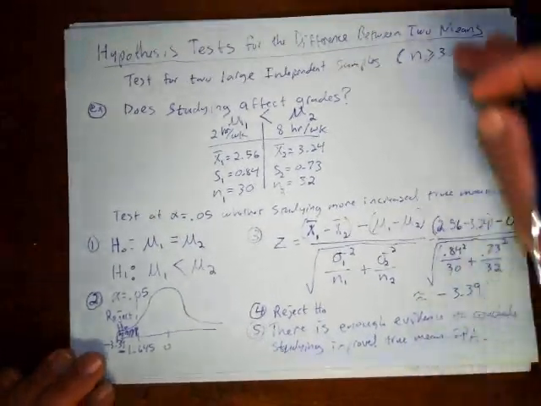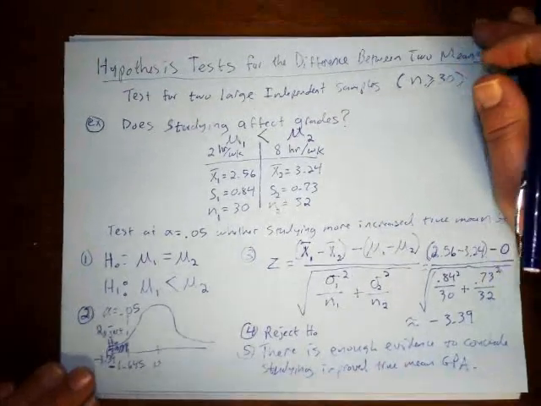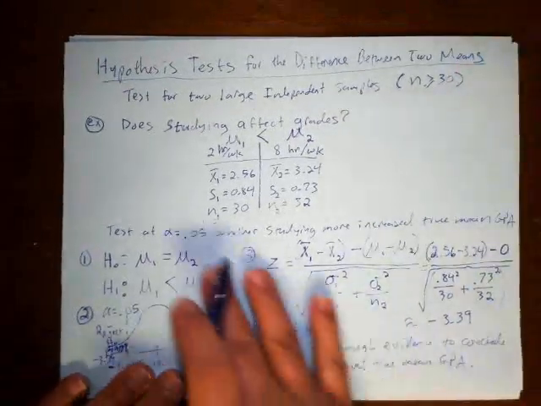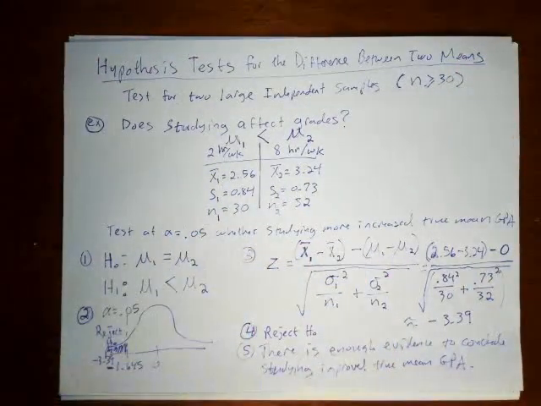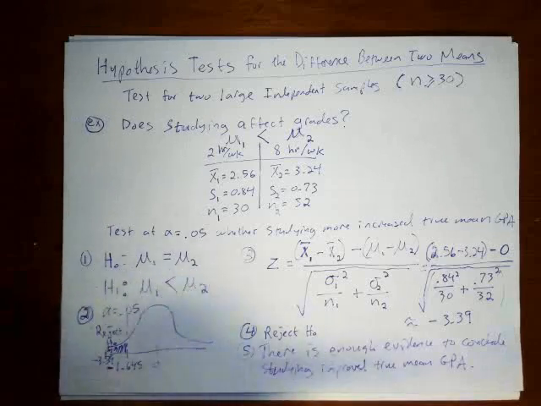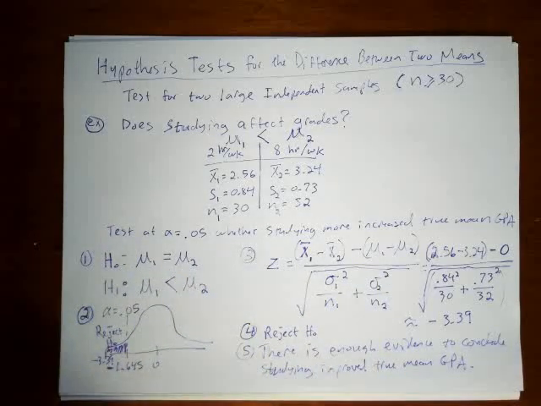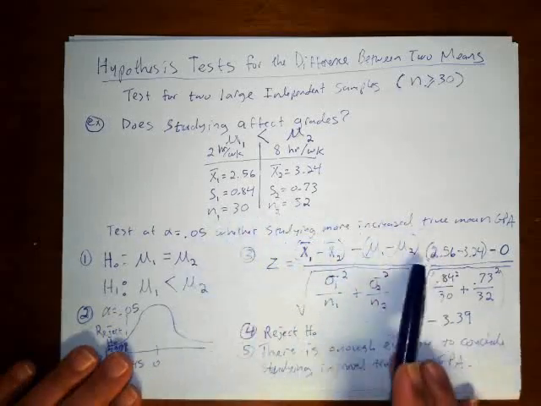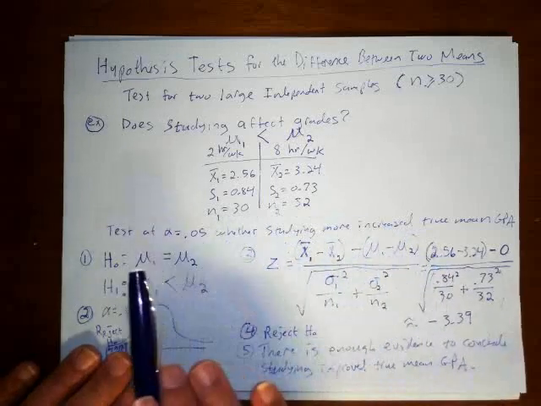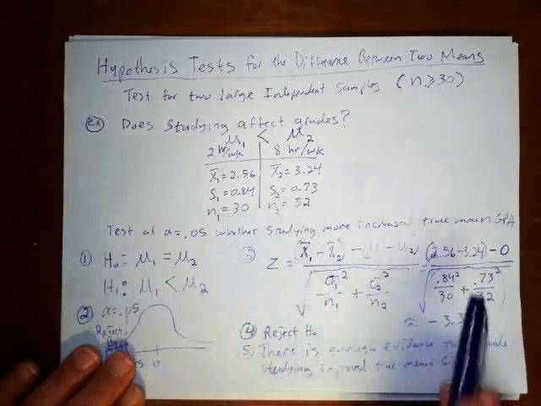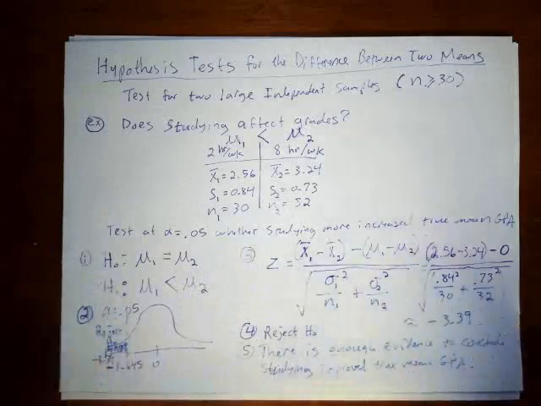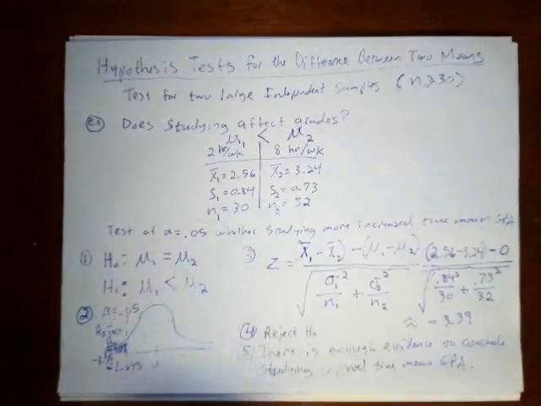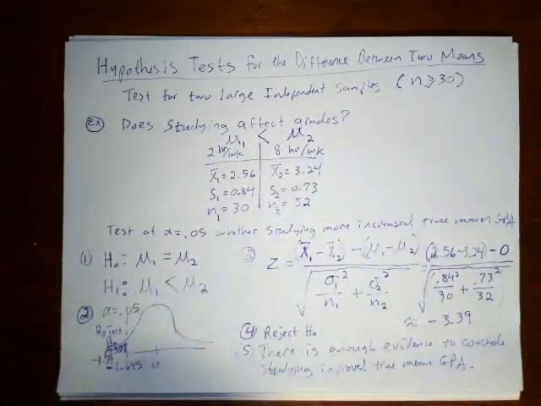Okay, so that is a test that you could use to analyze the results of an experimental study. Now, it doesn't have to be used for just an experimental study. You could use it just to see whether or not there's a difference between any two populations, like maybe between Iowa and California, and you want to know, is there a significant difference in GPAs or ACT scores or whatever.